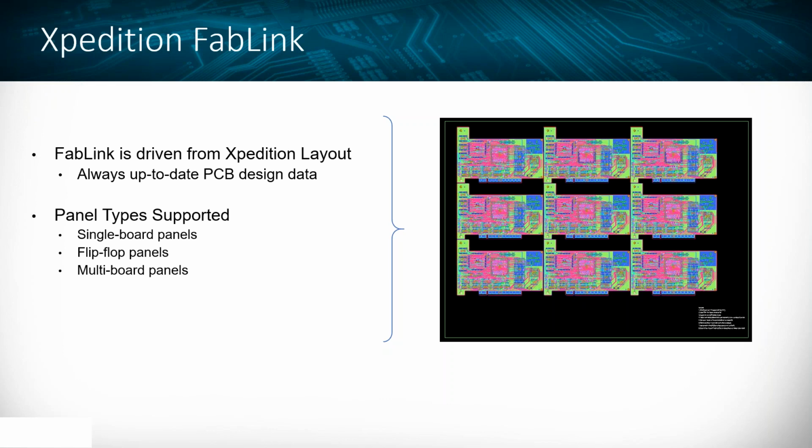That's a flip-flop panel. Also, we have the ability to do multi-board panels, so you can have multiple designs of printed circuit boards, different projects on the same panel. You do have to be working with the same stack up between those boards, which makes sense because this is all going on the same panel, it has to be the same stack up to be manufactured correctly.